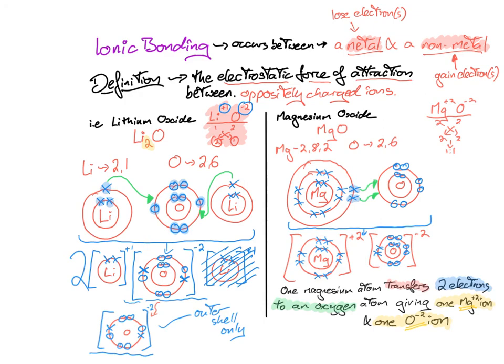We work out how many ions we have by doing the crossover rule and looking at the formulae. And those oppositely charged ions that we end up with after the electron transfer, they attract each other because they are oppositely charged. Opposites attract. And therefore the definition of the ionic bond is the electrostatic force of attraction acting between oppositely charged ions.